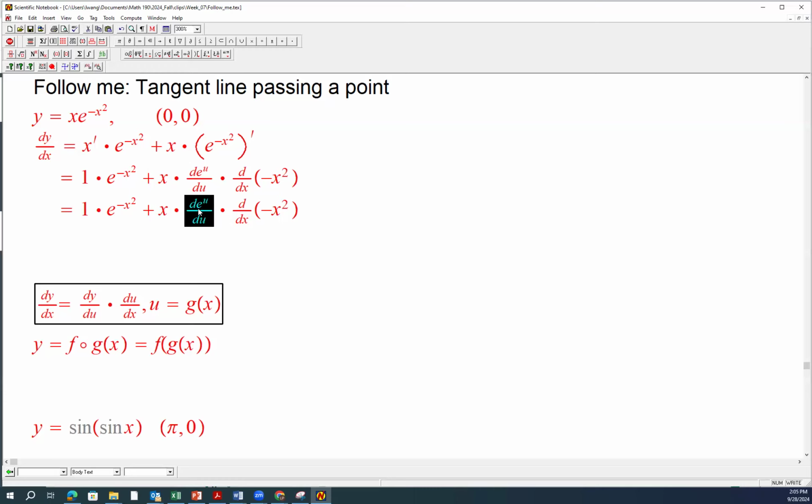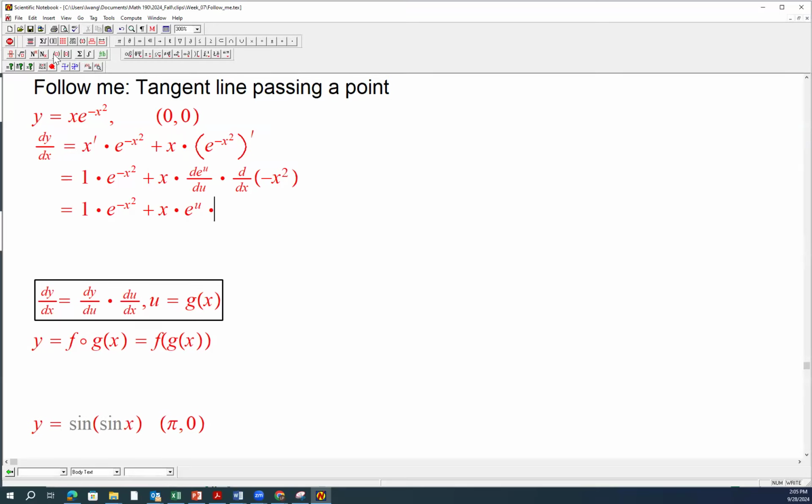And e to the power u differentiated with respect to u is e to the power u. The derivative of negative x squared is negative 2x. Please don't miss this parentheses. If you miss this parentheses, it will look like this. If it's like this, that's a mistake. Whether you have the dot or not, it will be regarded as a subtraction.